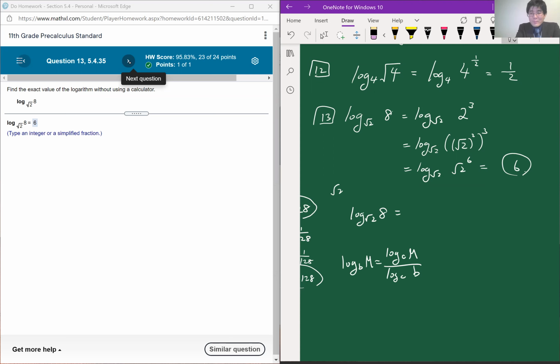Direct comparison of square root of 2 and 8 is kind of hard, so I'm going to use base 2 to connect these two numbers. So it's going to be log base 2 of 8 over log base 2 of square root of 2. The numerator becomes 3, the denominator becomes 1/2. So multiply top and bottom by 2, we're going to get 6.